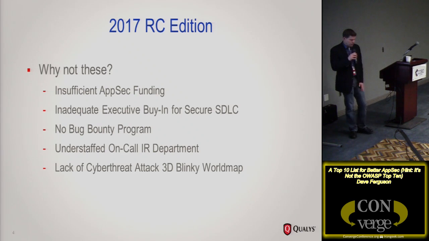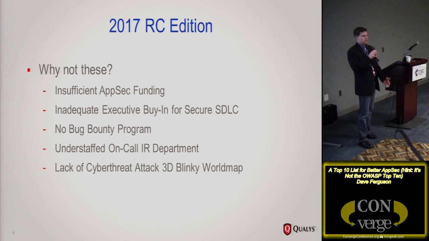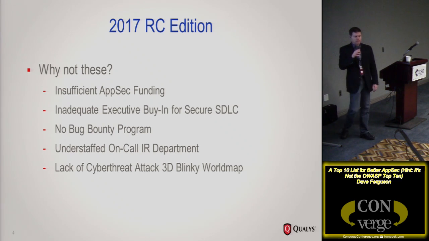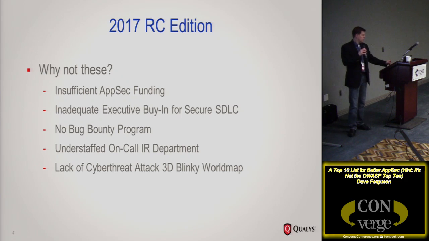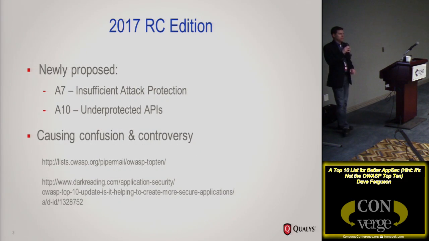And I also need to mention that OWASP, of course, is supposed to be an open organization, vendor-free, vendor-neutral, agnostic. But there's some thoughts that under protected, or the insufficient attack protection, A7, specifically benefits a certain class of vendors out there.